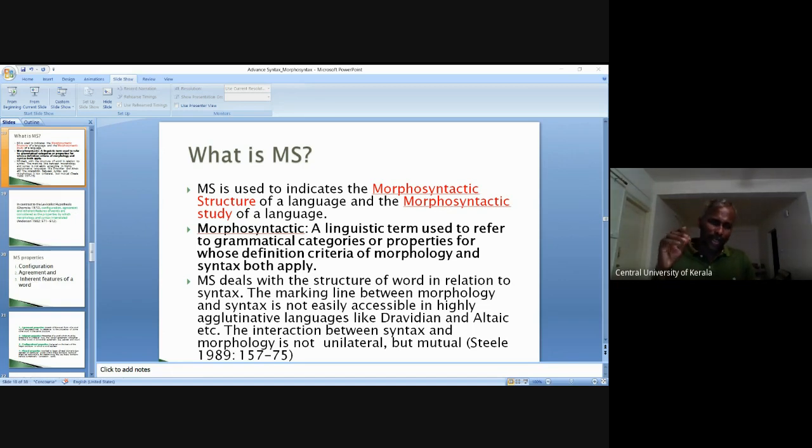So what you can do is list out the features in a language and see whether they are reflected in agreement or government. If it is reflected in agreement or government, it is a morphosyntactic feature. That is the way you can identify the morphosyntactic features in a language.